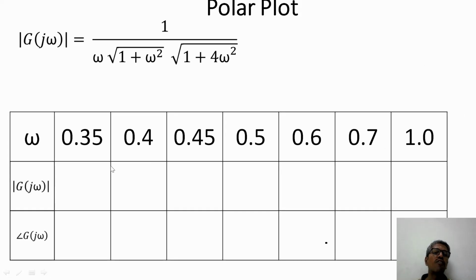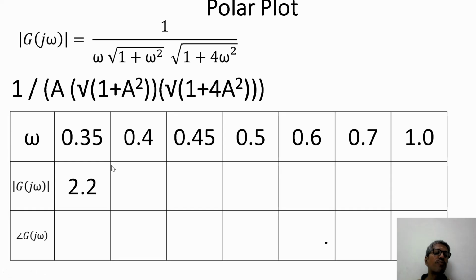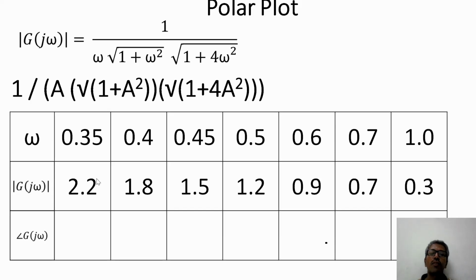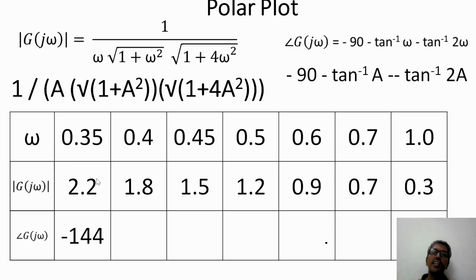You can calculate the magnitude for the different omega values using the calculator. Similarly, for the phase plot we have the formula for phase angle, and you can again use the calculator to find the phase angle for different frequencies.